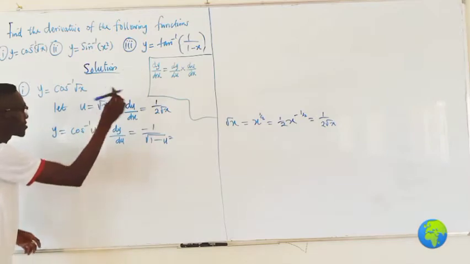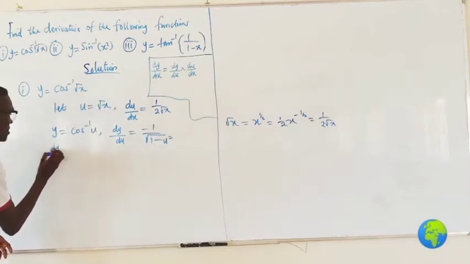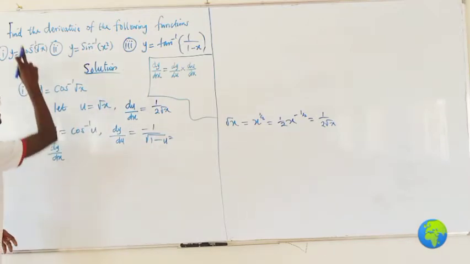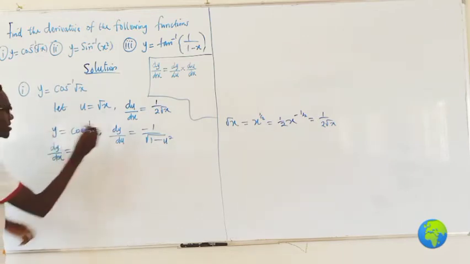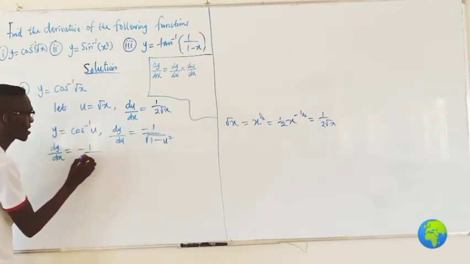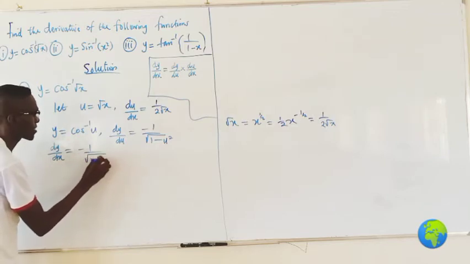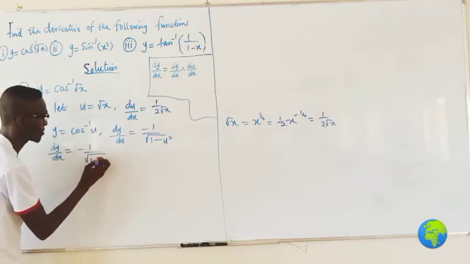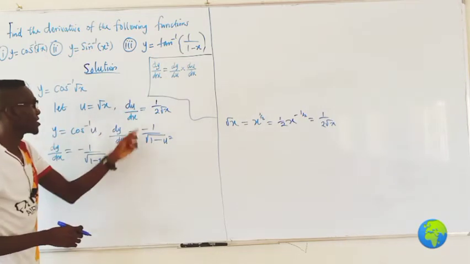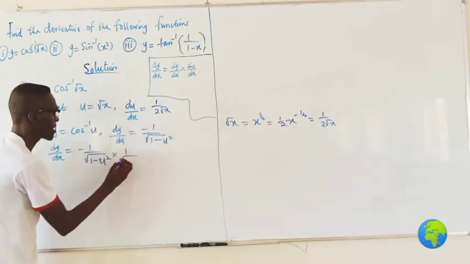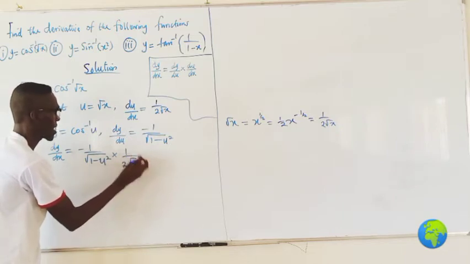We have everything we need to insert there. So our dy dx, which is the derivative we need, equals dy du. What is our dy du? This is minus 1 over square root of 1 minus u squared, multiplied by du dx, which is 1 over 2 root x.